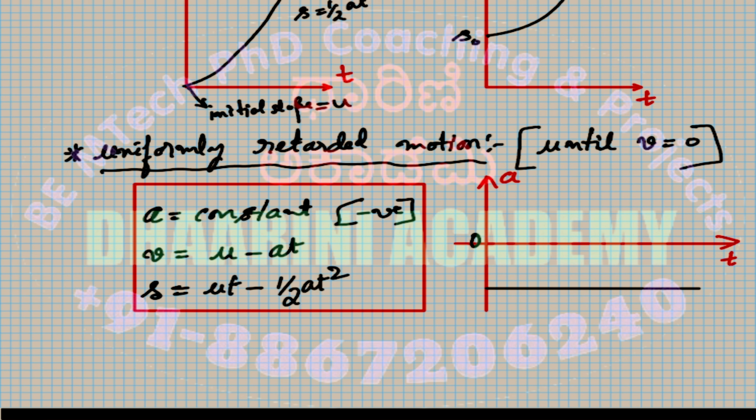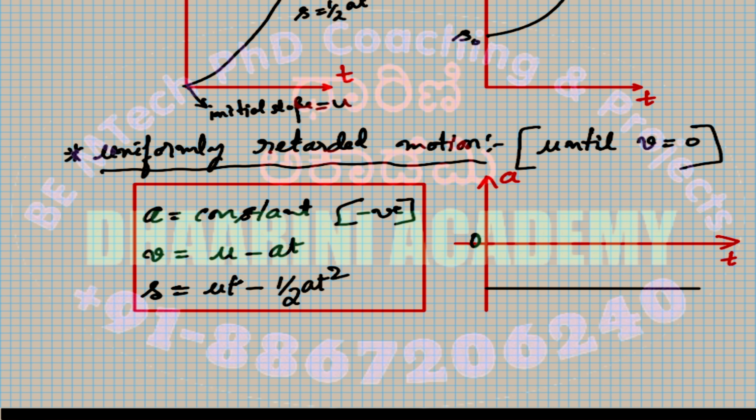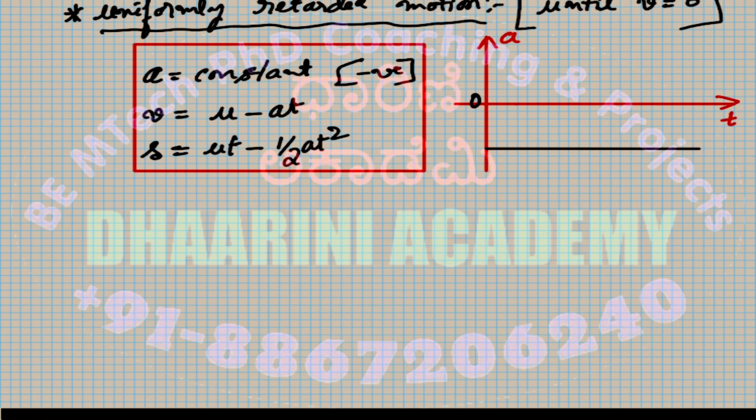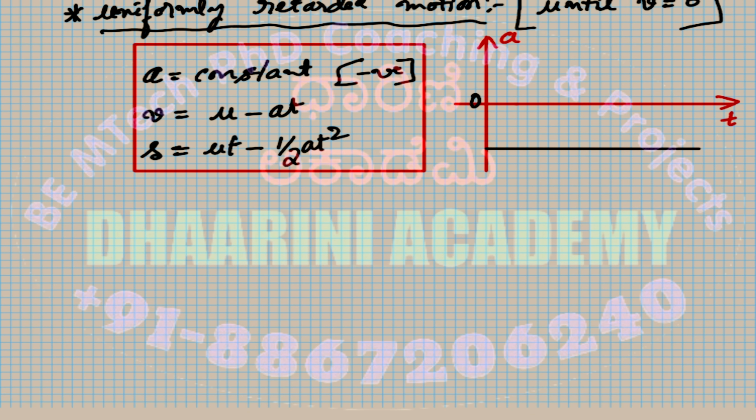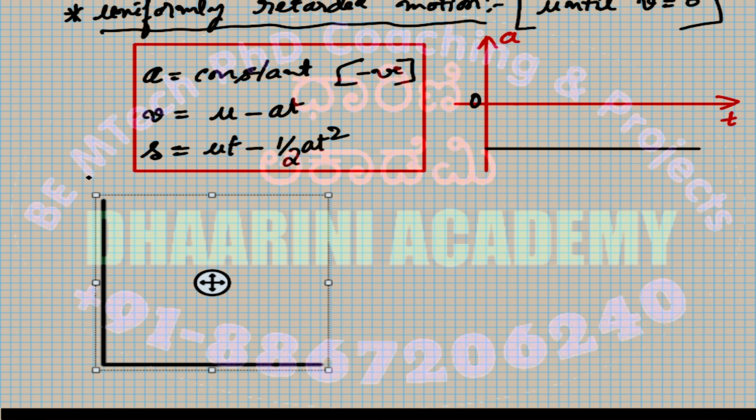That's the first graph. a is negative, and initially you have a velocity u, but the final velocity is always 0. So you can see that the equation v equals u minus at is a curve like this. I'm trying to plot velocity versus time.